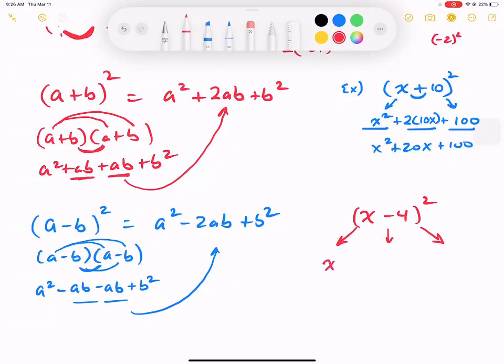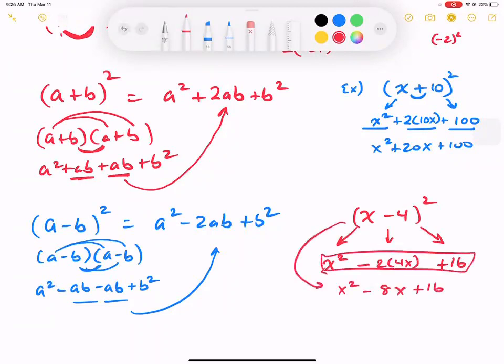So we have x squared in the front, 16 in the back, and the middle is going to be a negative 4x times 2. Oops, sorry. Doubling 4x. We're going to double that value. So x squared minus 8x plus 16. Patterns. You don't have to write all this. You can just go from this to this. Save yourself some time.